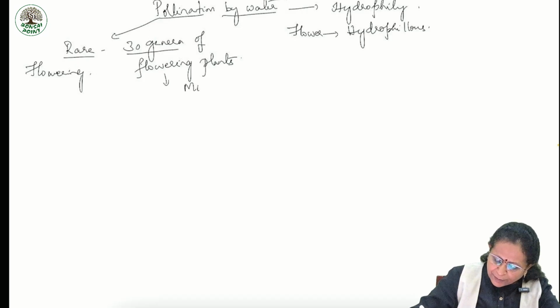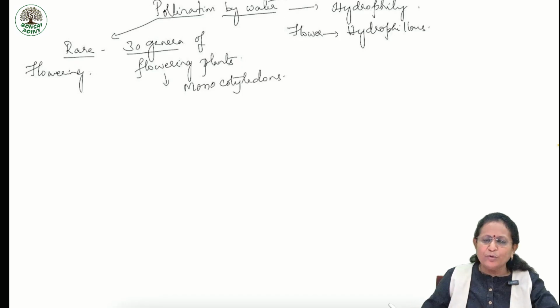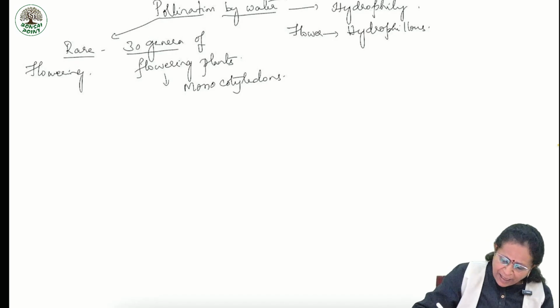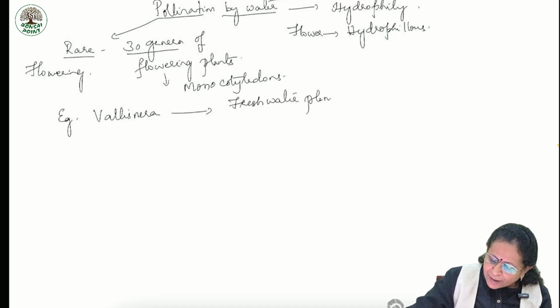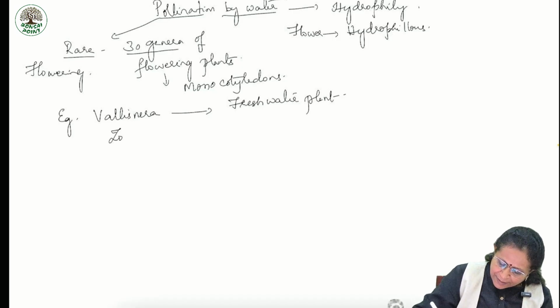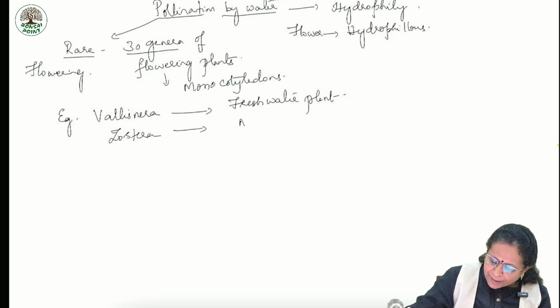That too, most of them are monocotyledons. We have two examples here. Pollination in Vallisneria, which is a freshwater plant, and we have another example to be studied, that is Zostera, which is a marine water plant.